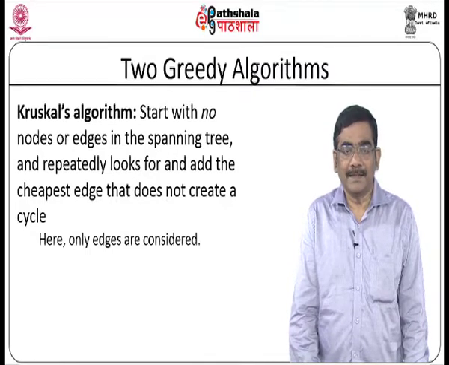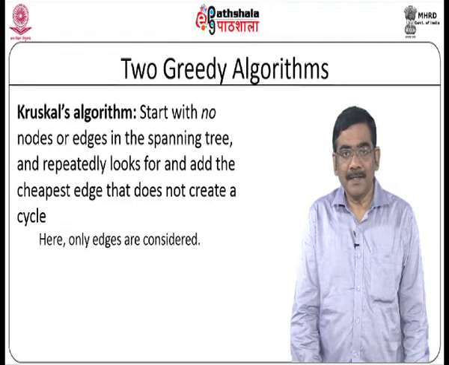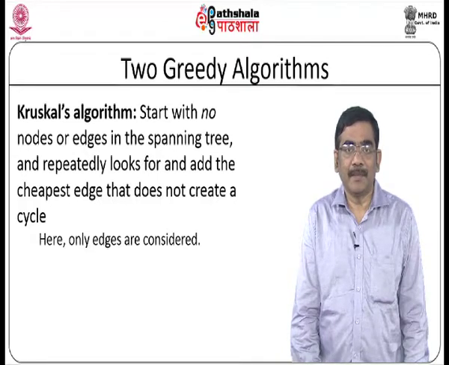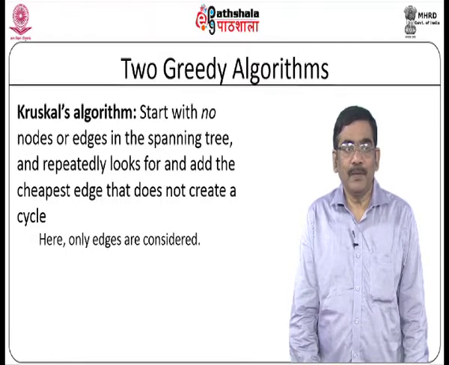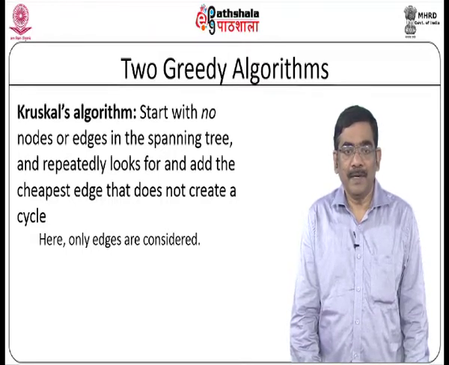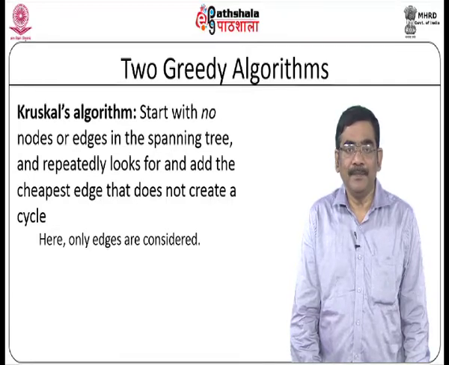How to construct this? As we discussed earlier, brute force is not a possibility, because for larger number of nodes construction of the minimum cost spanning tree is difficult. Therefore, we are resorting to the greedy approach. We will be using two algorithms. One algorithm is called Kruskal algorithm, where we start with no nodes or edges in the spanning tree.